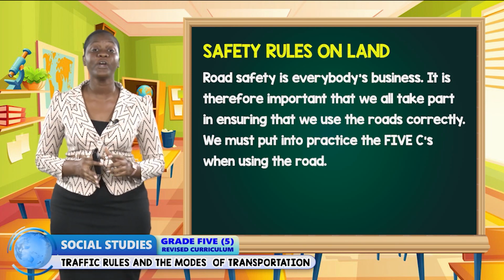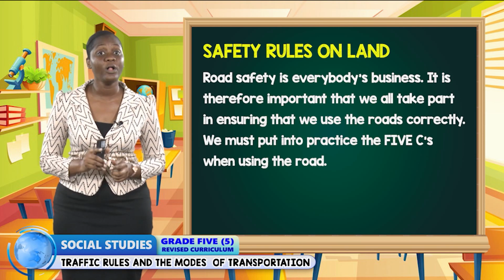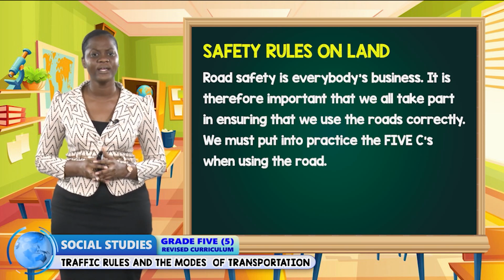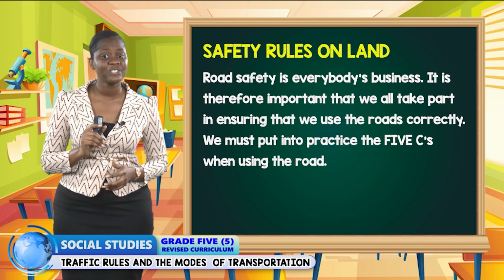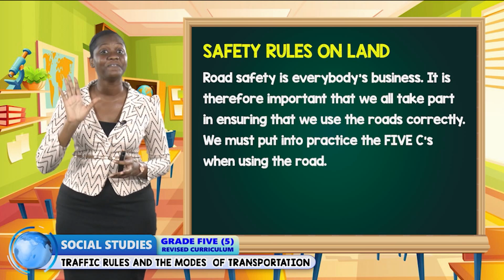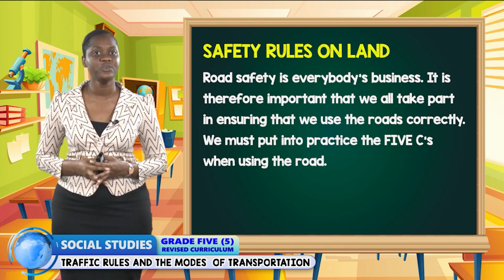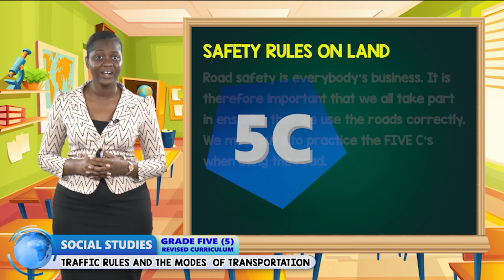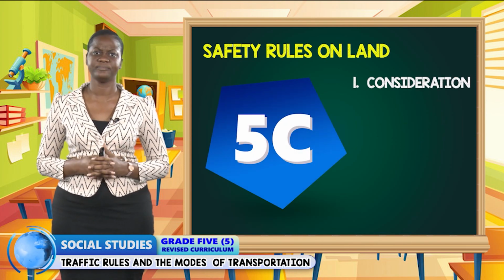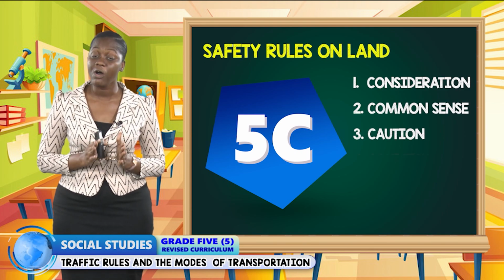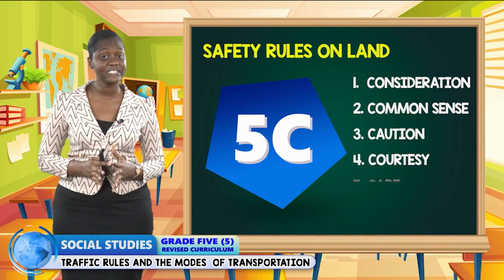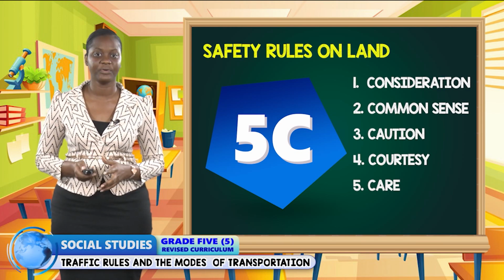It is therefore important that we all take part in ensuring that we use the roads correctly. We must put in practice the 5 C's when using the road. They are consideration, common sense, caution, courtesy, and care.